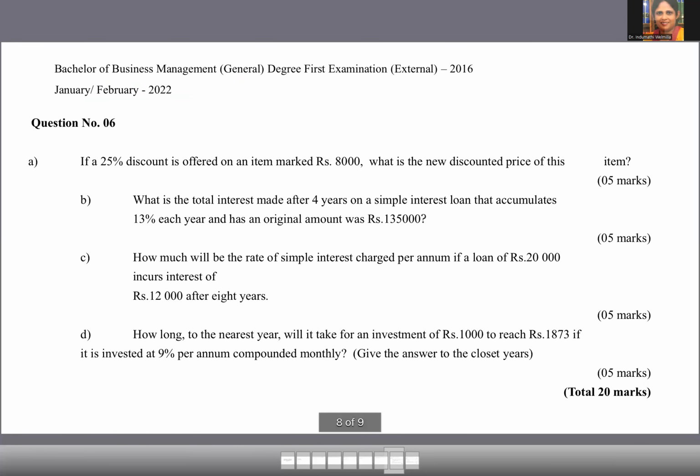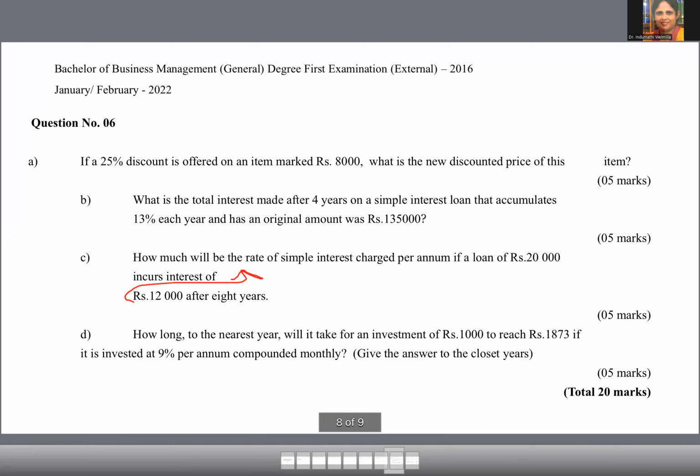And next one, yes, the next part, part C. It's asking: what will be the rate of simple interest charged per annum if a loan of rupees 20,000 incurs interest of rupees 12,000 after 8 years, right?